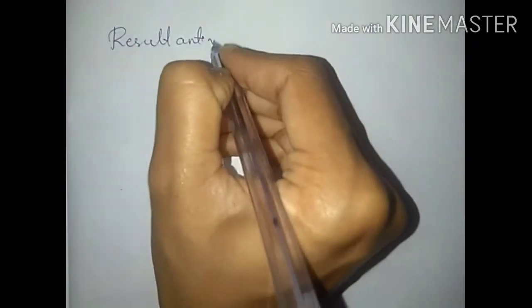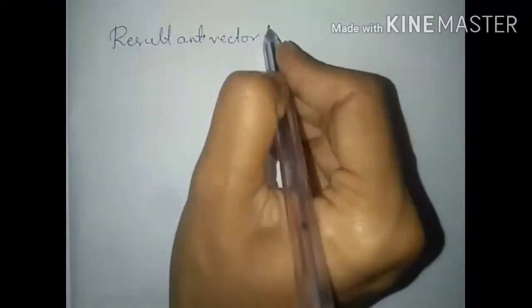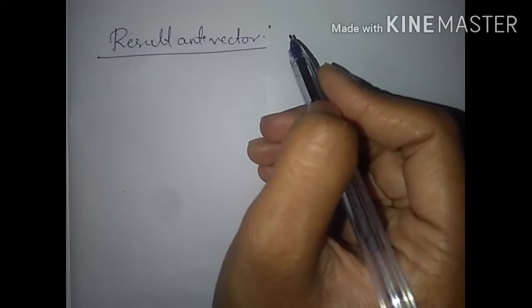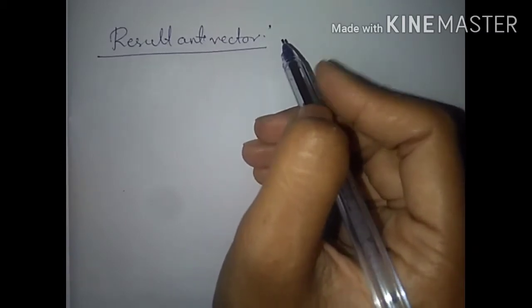So now, resultant vector. You got to know R is a resultant vector. So let us write the definition for resultant vector.